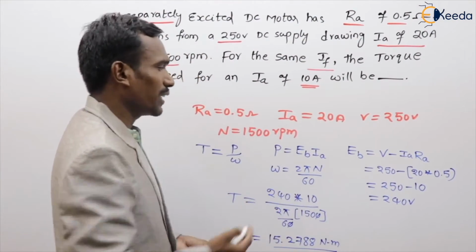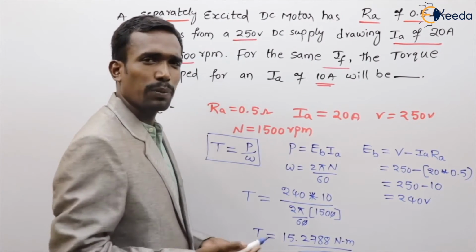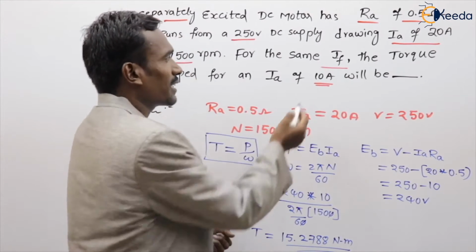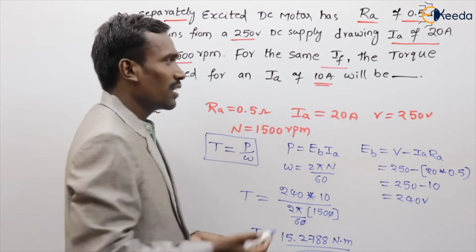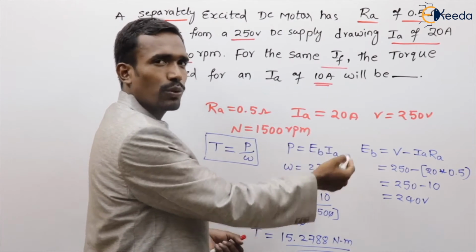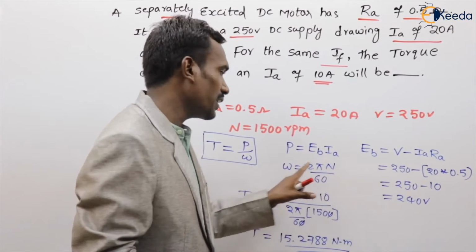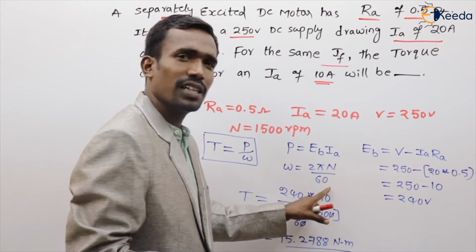What I told you: they asked the torque developed by the motor at a given armature current. Torque T is equal to P by omega, where P is EB into IA, the back EMF into armature current, and omega is 2 pi N by 60.